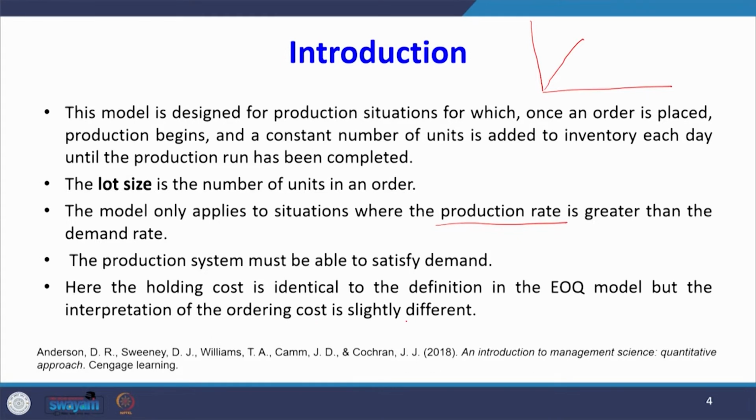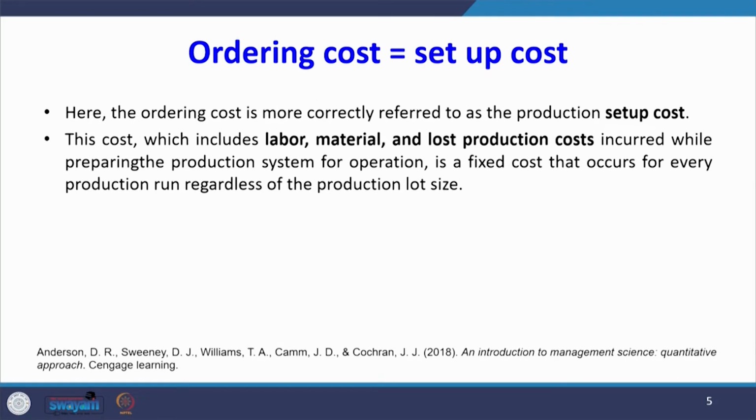Here the holding cost is identical to the definition in the EOQ model, but the interpretation of ordering cost is slightly different. We are going to use another name for this ordering cost: the setup cost. Here the ordering cost is more correctly referred to as the production setup cost.